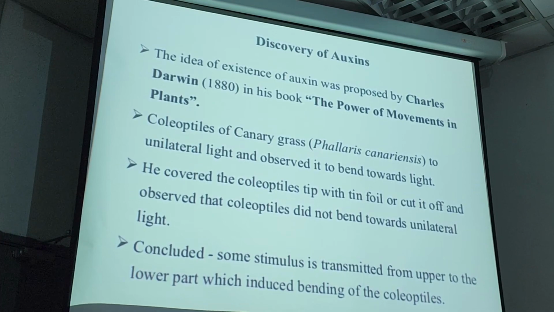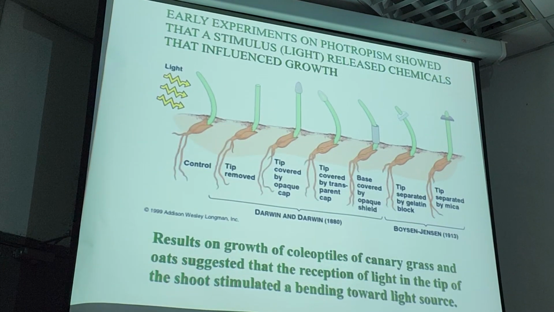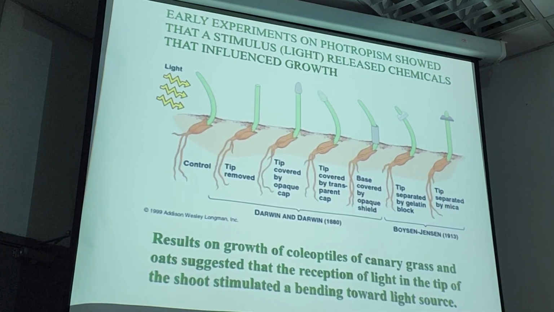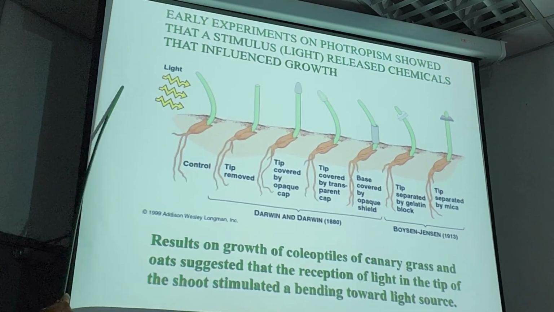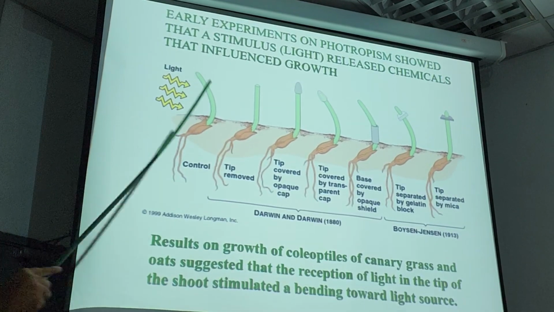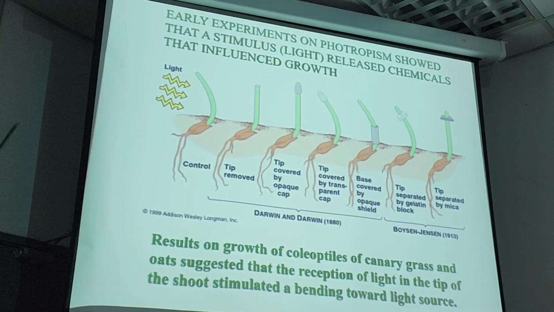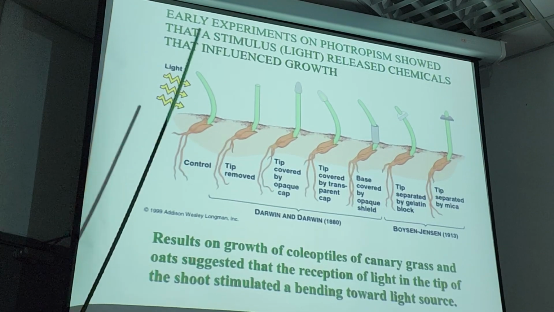So he did a simple experiment. I'm going to show you. He noticed that if you allow the seedling to germinate, to grow, when there is a light coming from one side, the coleoptile, which means the protective sheath of the plumule, will start to grow towards the light.